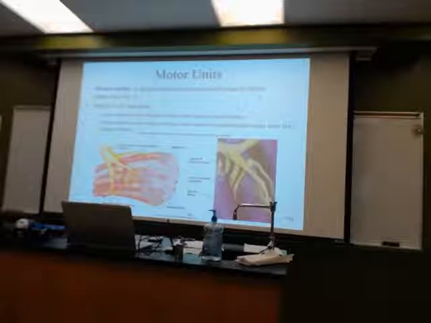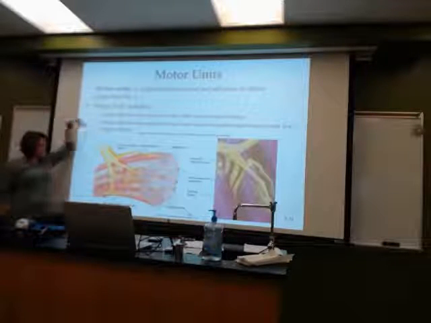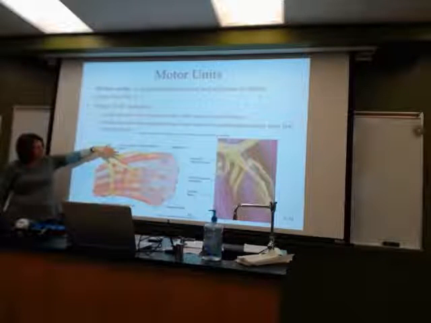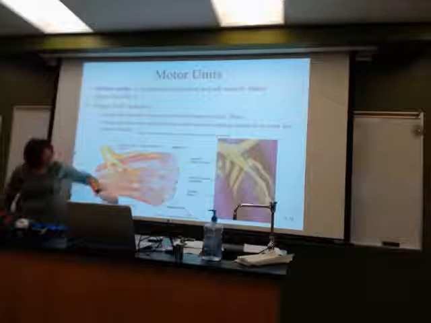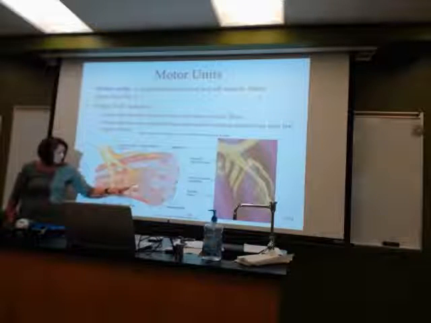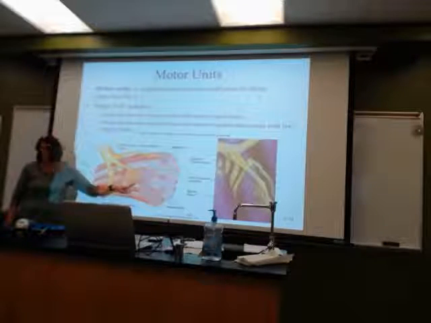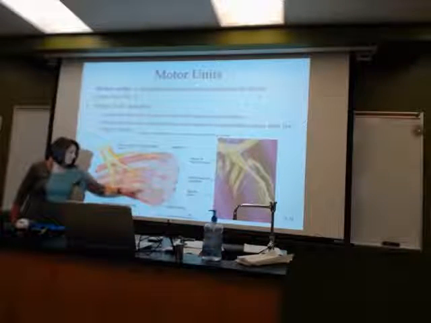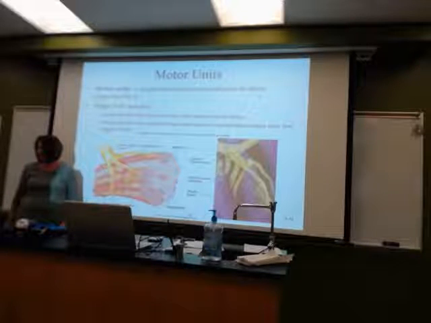When we begin to look at the structure where we're going to find the big nerve enter the muscle, begin to branch and branch and branch until we end up with these little terminal buds, meeting their own fiber, their fiber, their fiber, okay?